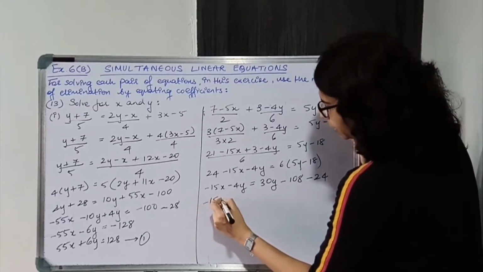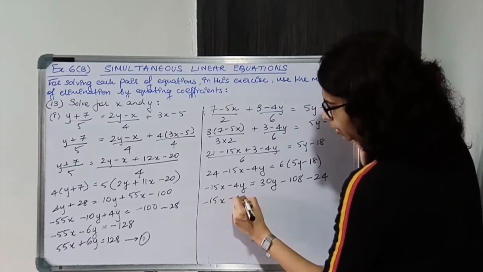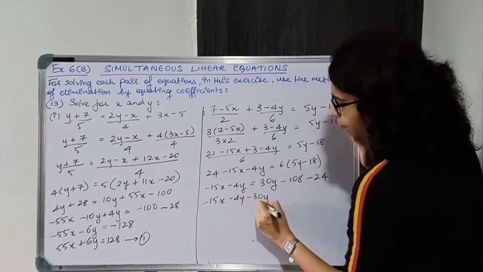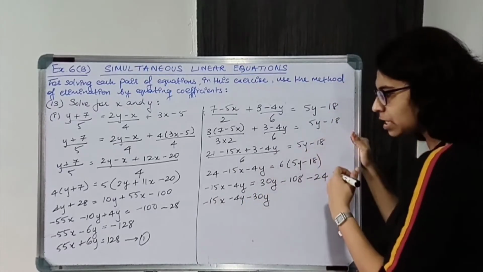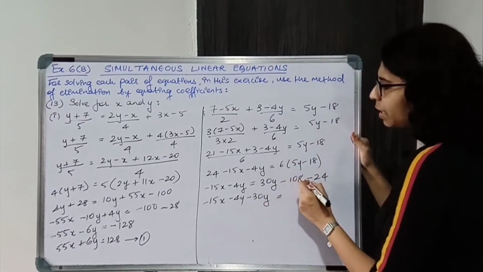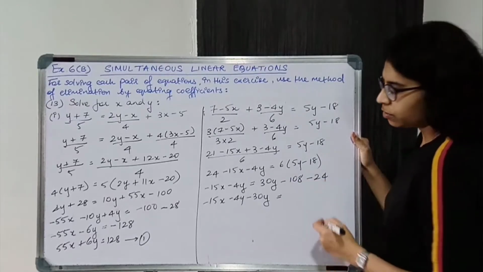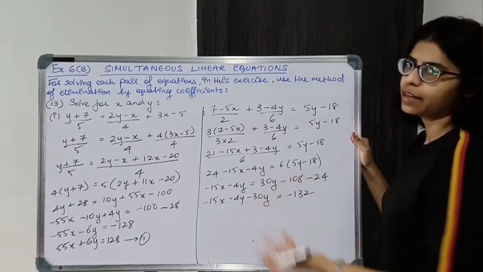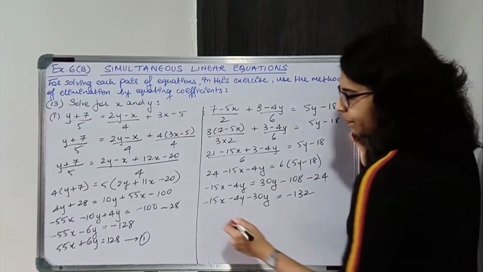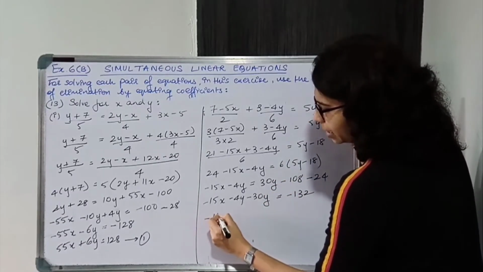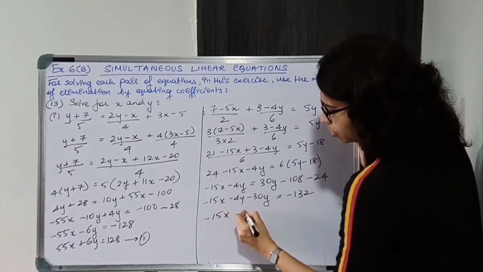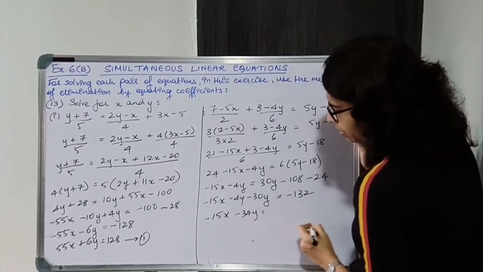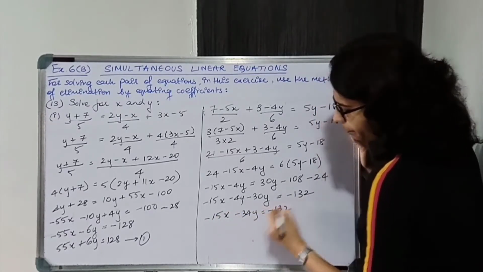So minus 15x minus 4y minus 30y. Variables in LHS, numbers in RHS. Minus 108 minus 24. So that will give you minus 132. Just add, and the negative sign stays. Okay, now we'll get minus 15x minus 34y is equal to minus 132.